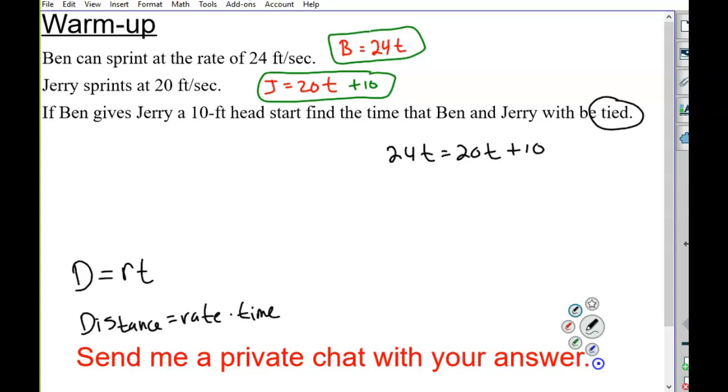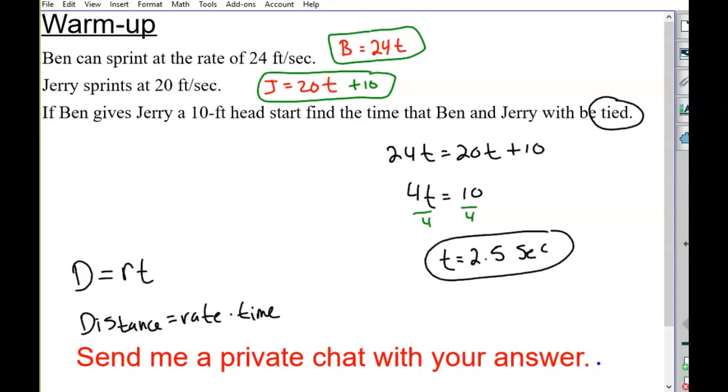Then if we do some algebra, if I subtract the 20t, I end up with 4t equals 10. We divide by 4. It equals 2.5 seconds. Now that's not the only way to solve this, right?